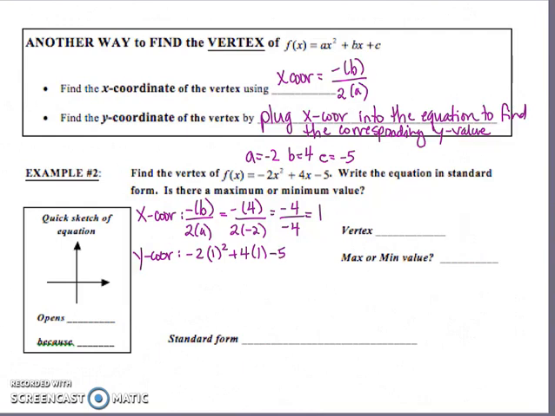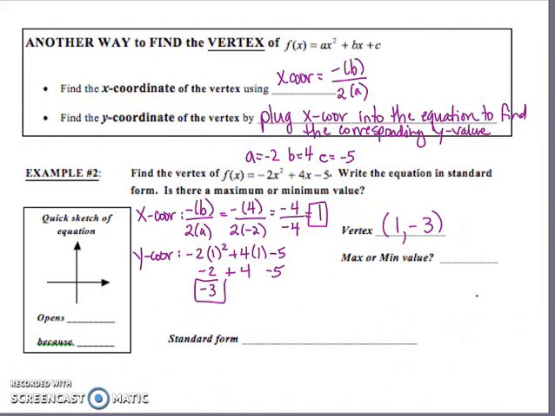And if we do the math on that, 1 squared is 1 times -2 is -2, 4 times 1 is 4, plus -5. -2 plus 4 is 2, and then 2 minus 5 gives us a value of -3. So we just found our vertex. Our vertex is the point 1, -3.